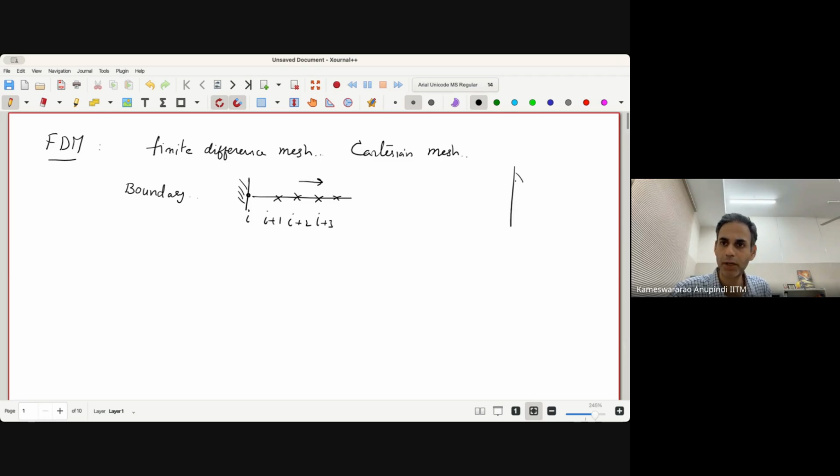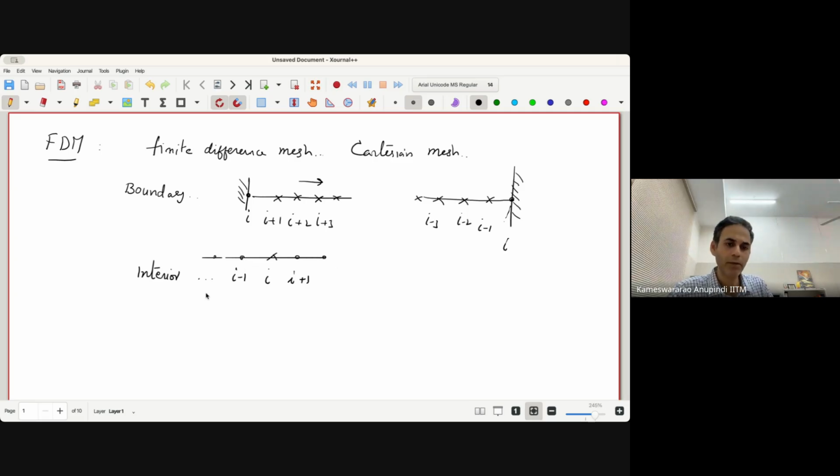Similarly, if you're on a boundary that is on the right-hand side, then you have only points that are like this. For example, this is I, then you have I minus 1, I minus 2, I minus 3, and so on. Whereas when you are in the interior of the domain, then you have points on both sides: I plus 1, I minus 1, and so on. So all these points are available.